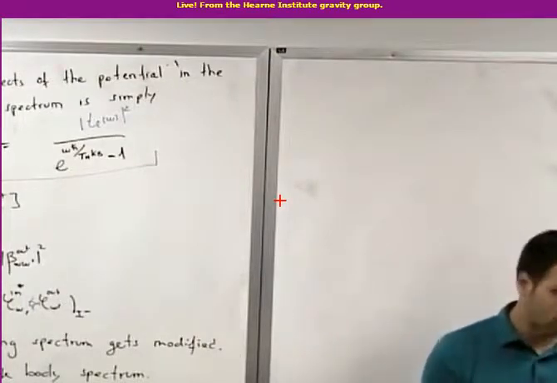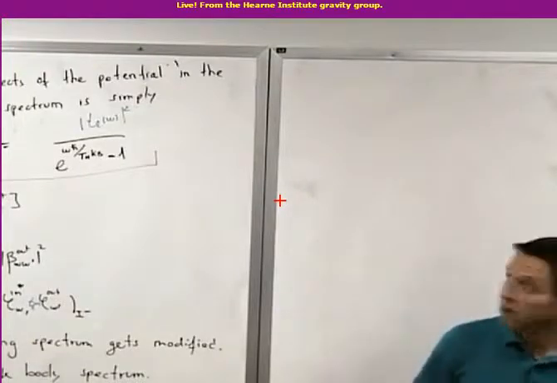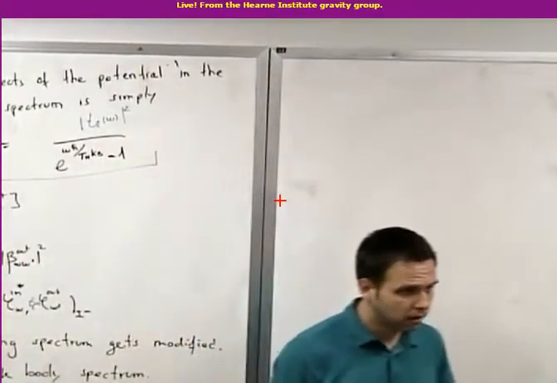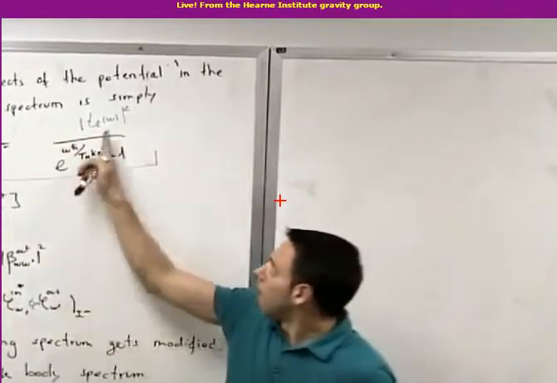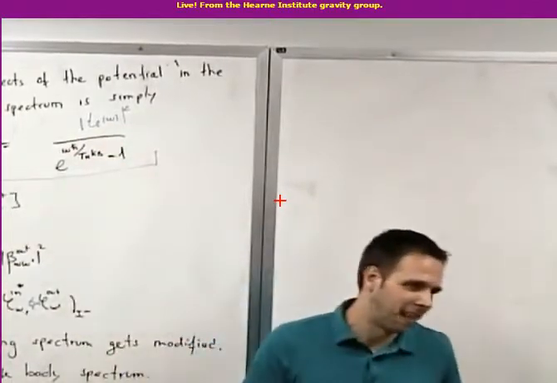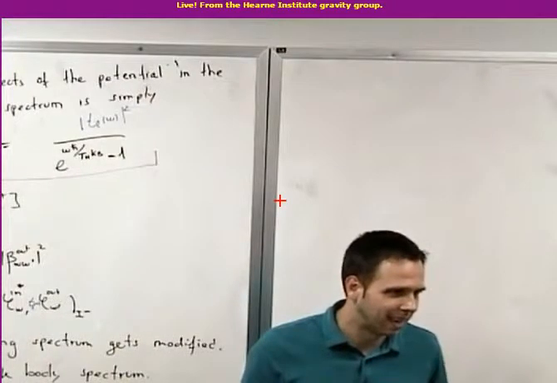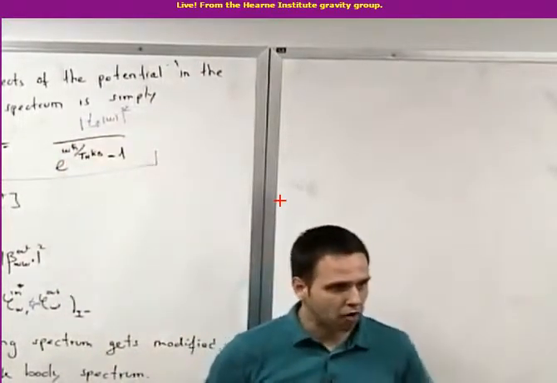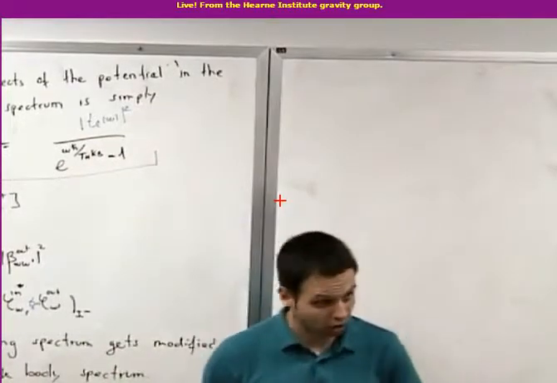In fact, the potential goes to infinity when L goes to infinity. We expect these to go to 0 for very large L. And also, if omega is very large, it doesn't care about the potential, so this is expected to go to 1 for large omega and to 0 for large L.